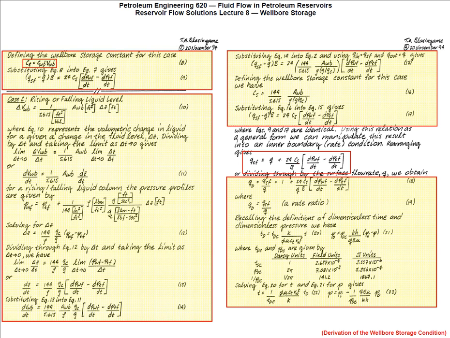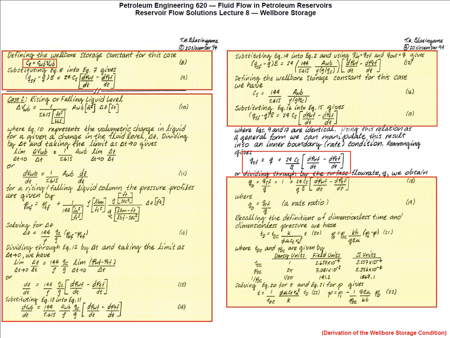How about this? Somebody suggested to me they wanted to work on a constant bottom hole pressure case. If you assume a constant bottom hole pressure case, what happens to this relationship? No, forget fluid levels. Just look at this equation. I agree with you, but forget the fluid level.